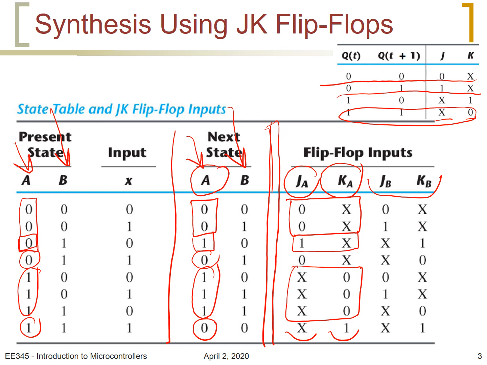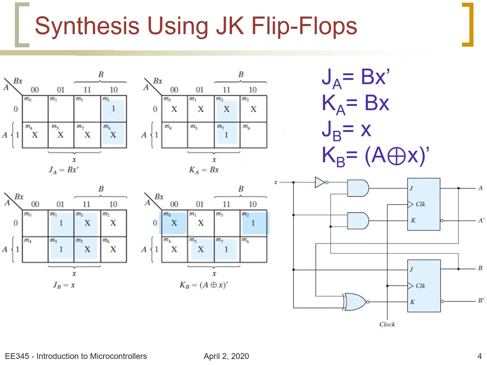Now, having obtained JA, KA, JB, and KB, we would like to determine next the equations for JA as a function of present state A and B and X, and the same thing for KA, JB and KB, and for this we can make use of the Karnaugh map. So we take the values here, which are 0, 0, 1, 0, x, x, x, x for JA as an example, and we put them in a Karnaugh map, and we do exactly the same for the other variables.